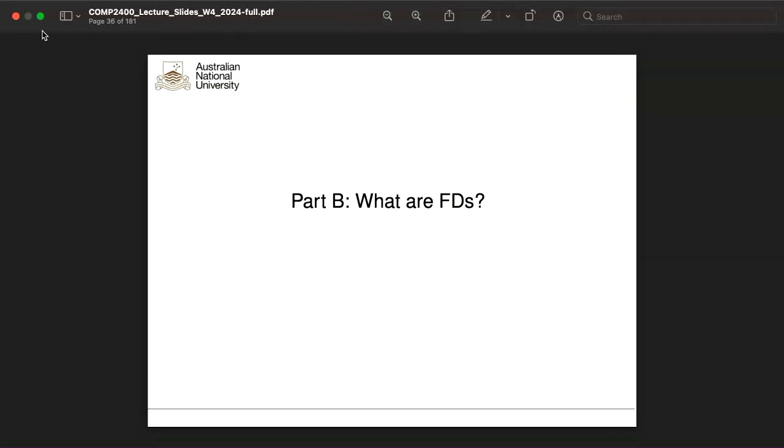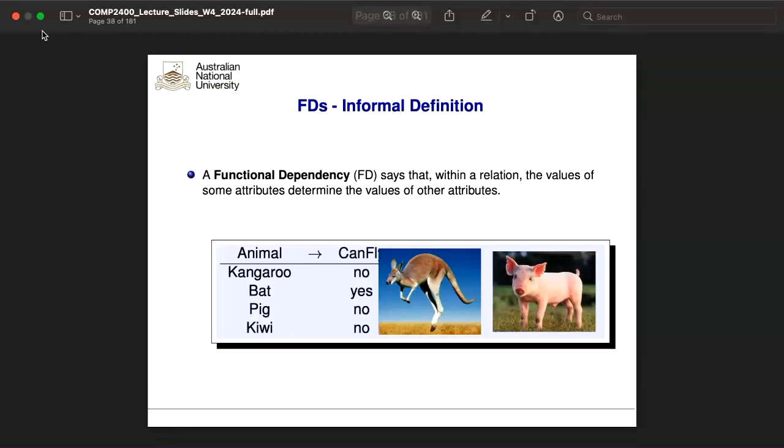Now, what are functional dependencies? Informally, if we have some functional dependency defined on a relation, it basically tells us that the values of some attributes in this relation can decide the values of some other attributes.